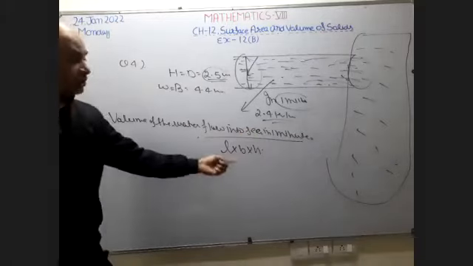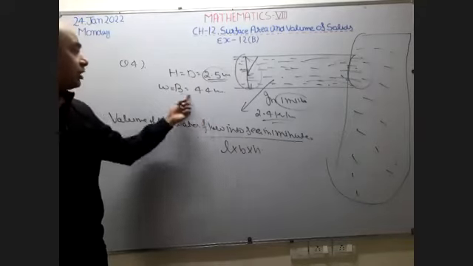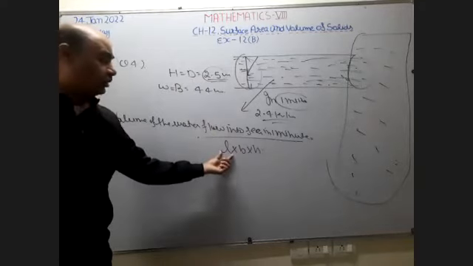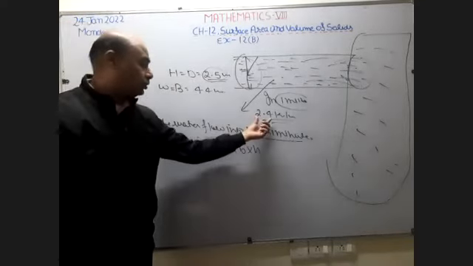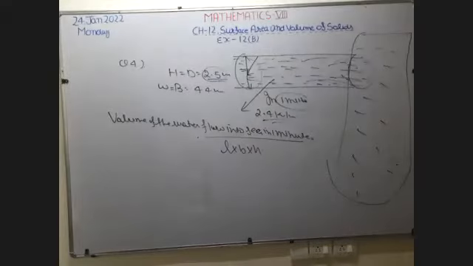I hope it is clear. Now height is given as 2.5, breadth is also given as 44 meter, length is not there. Now I want to find the length of this river. Who will tell? I want to ask the length of the river. Find the length of the river. Nirav, do you know?